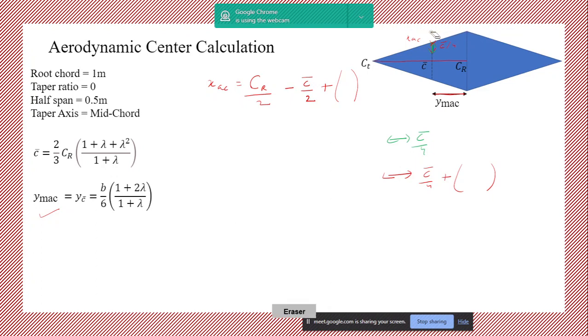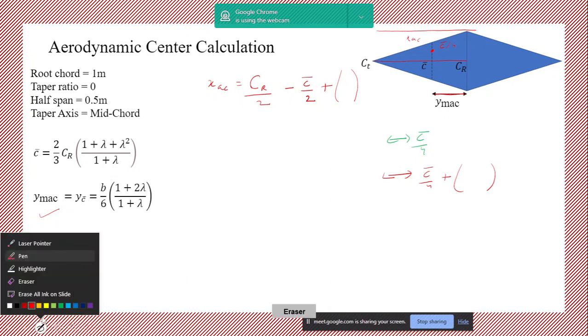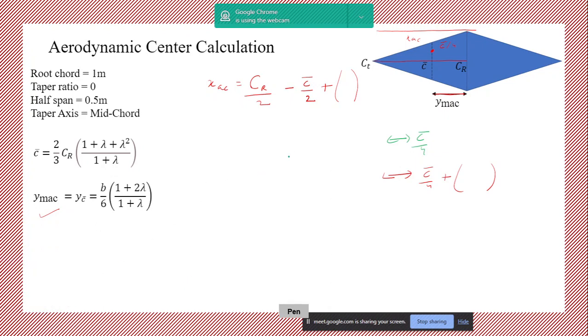Let me try to use different colors. So this is your aerodynamic center. The one in green is C bar by 4.